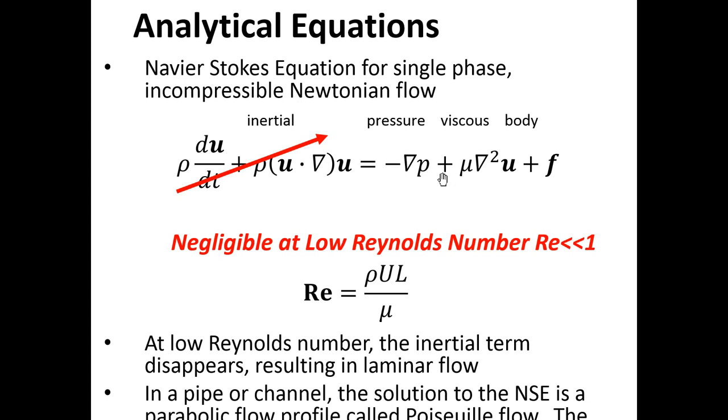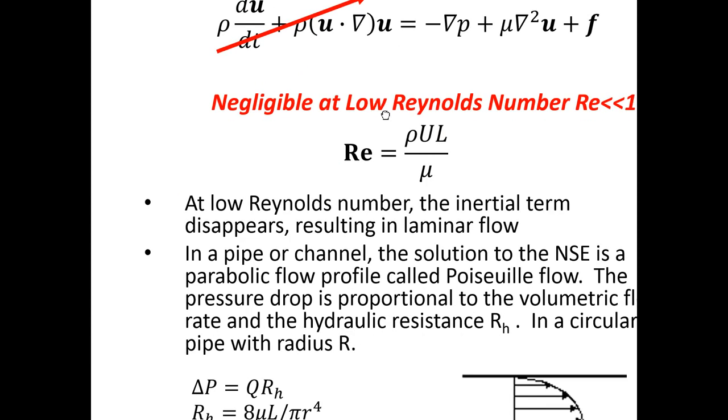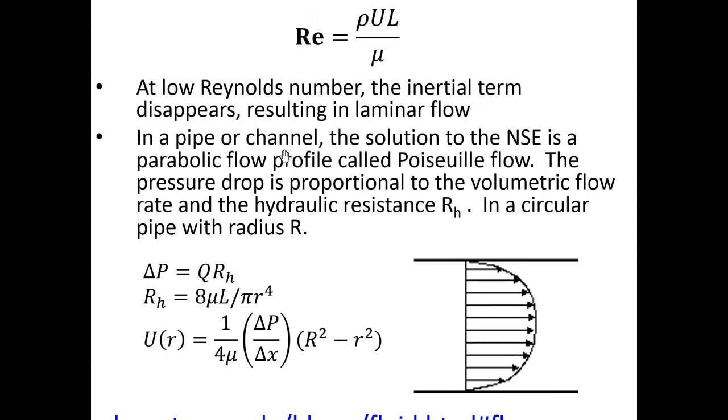If you look at the right-hand side of the equation, this is a much simpler equation to analyze. In fact, these equations look very much like the equations for describing current flow in response to a voltage being placed across a resistor. It's the same idea. So it turns out you can model microfluidic systems in the same manner. At low Reynolds number, the inertial term disappears, resulting in laminar flow.